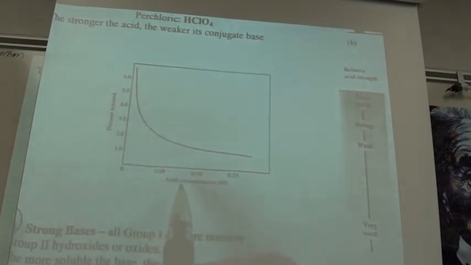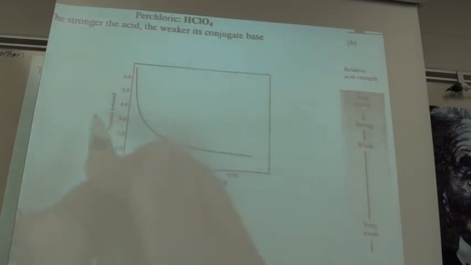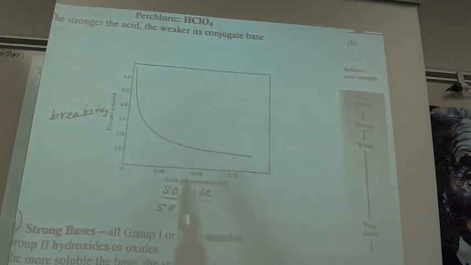Here is acid concentration, and that would be the amount of solute in the solution, and the percent ionization, and this would be the breaking apart. As the amount of solute increases, what happens to the percent that breaks apart?